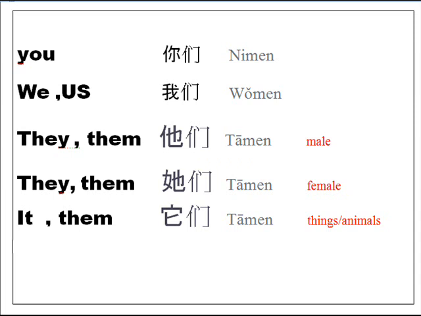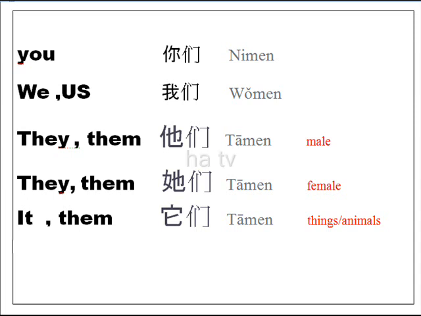In English we say they, but we don't make a difference between them. Girls, women, men, boys, things, animals. So in Chinese we make this difference. When we say ta men, we have 他们 they for male, they are men, and they for women or girls, female 她们, or they for things or animals, 它们.